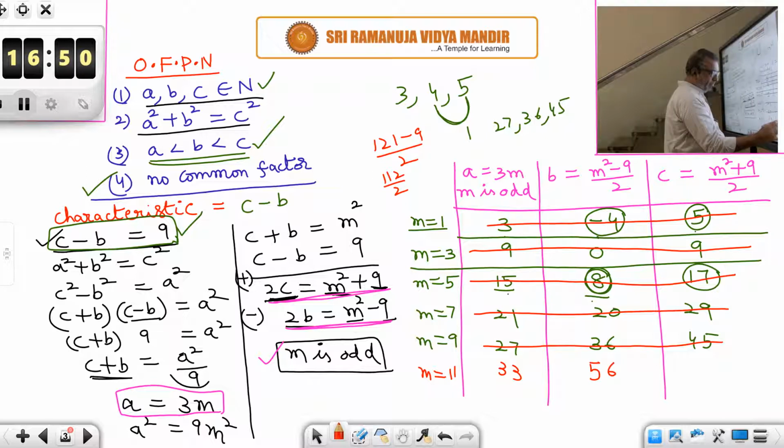Next, 56 plus 9, 65. Yes, this is the topmost one. If you write the list of OFPN with the characteristic 9, the first one at the top of the list is 33, 56, 65.